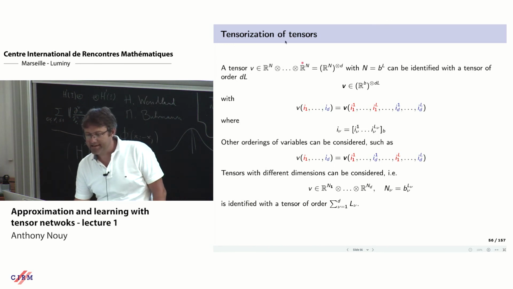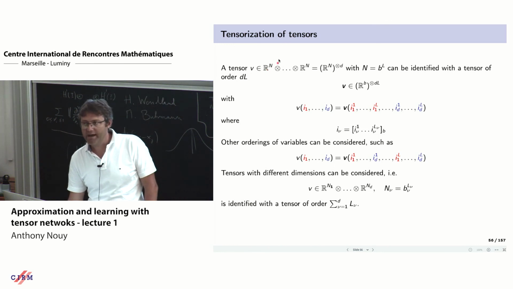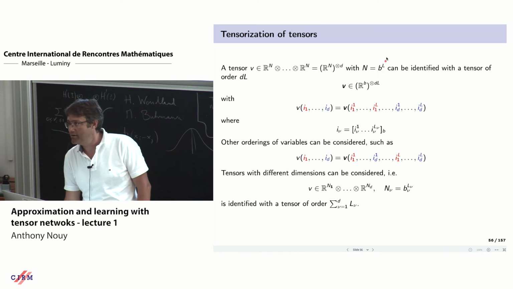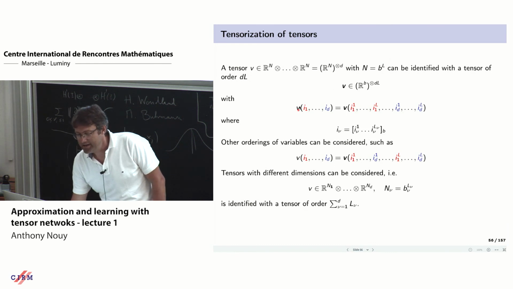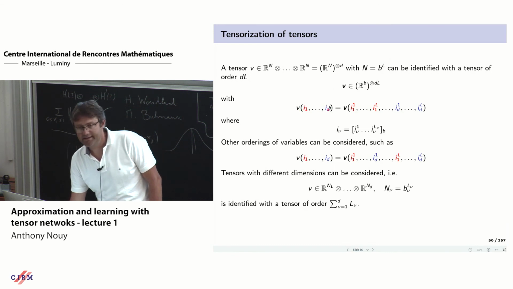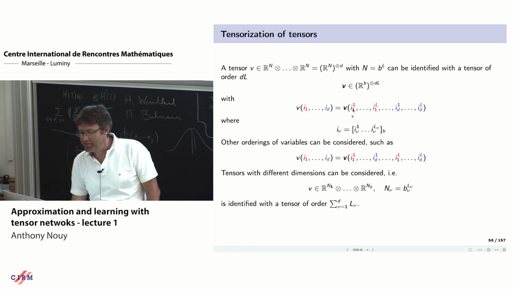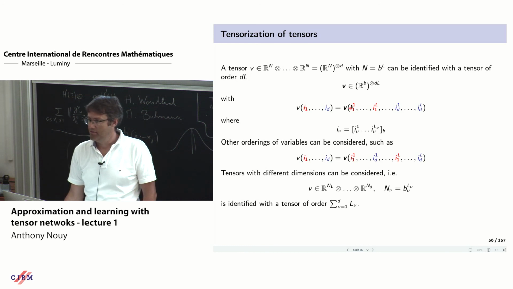Now, of course, you can repeat this also for tensors. You may have a tensor of size n by n by n by n, and each n is some b to the power L. So I have here initially a tensor with d indices, and for each of the indices going from 0 to b to the power L, I introduce a representation in base b.